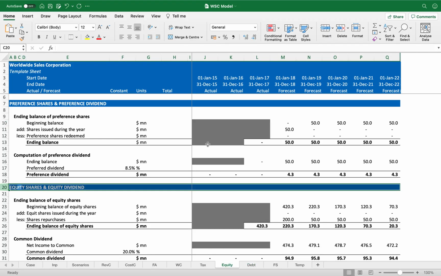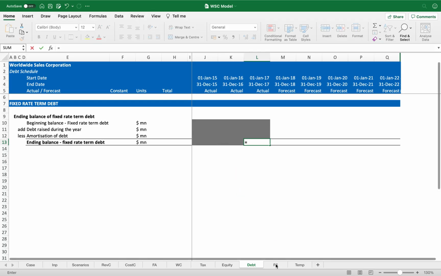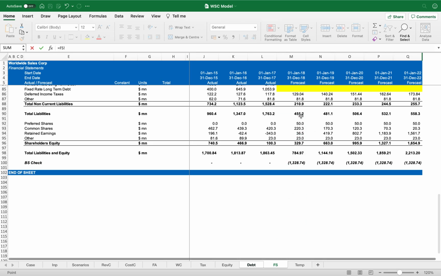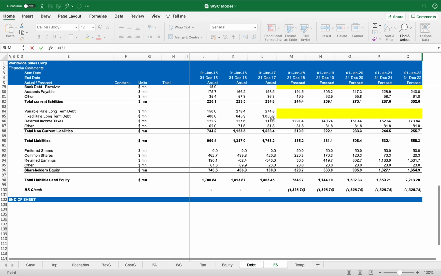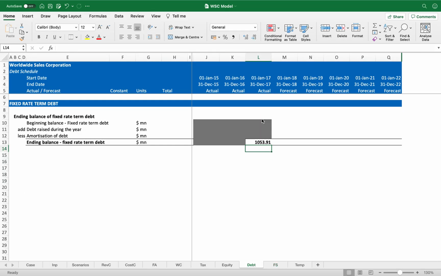Reach till this point. Now, do I have the ending balance as on December 2017? Yes, we do. Go to your financial statements and link the ending balance for 2017. Fixed rate term debt, this is 1053.9.